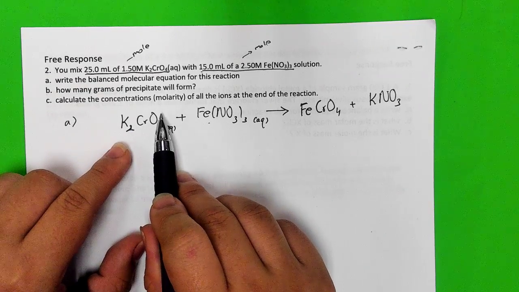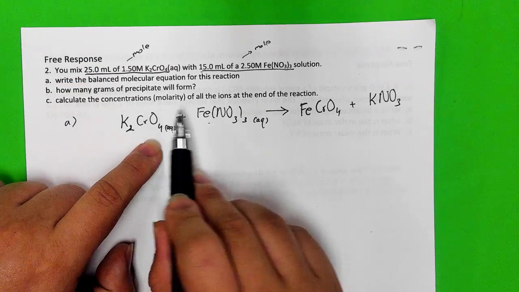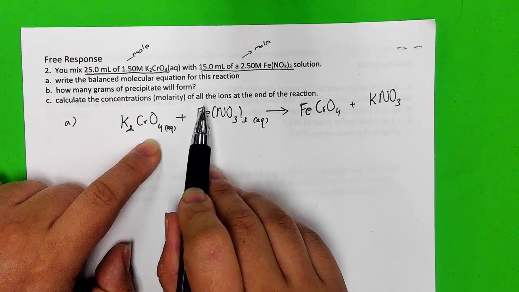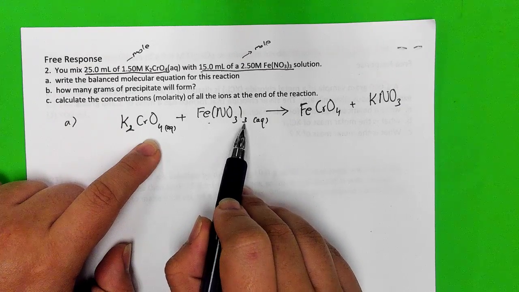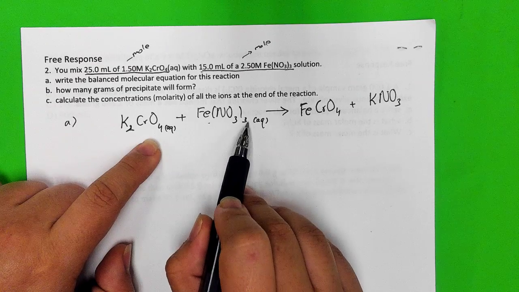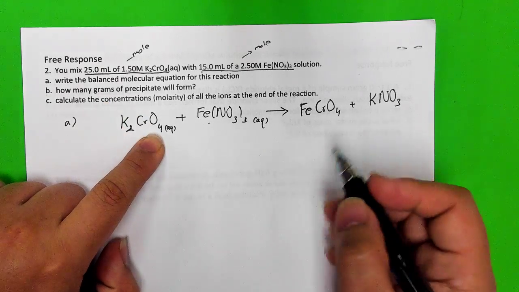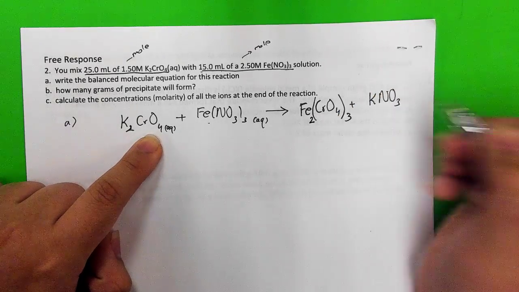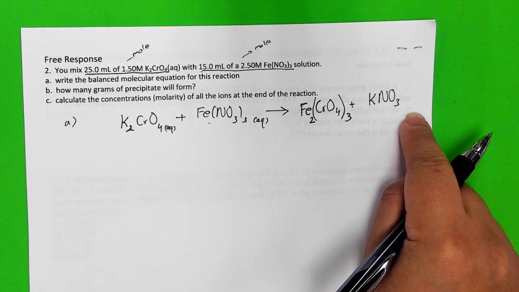CrO4 must be -2 because K is +1, and there are 2 of them. Fe here must be +3 because NO3 is -1, and -1 times 3 is -3, so Fe is +3. So +3 and -2, that means we're going to balance that: Fe2(CrO4)3. Now K is +1, NO3 is -1, that's good.